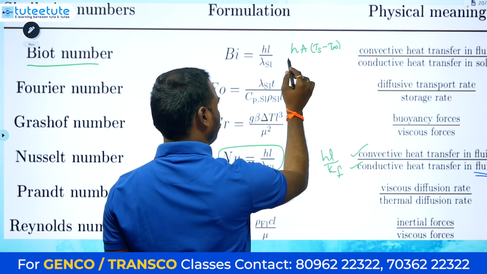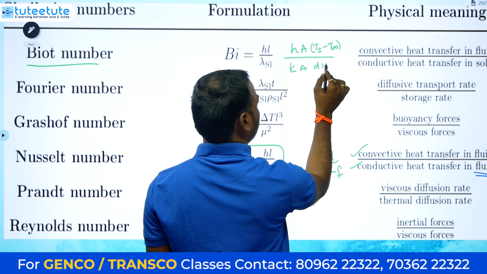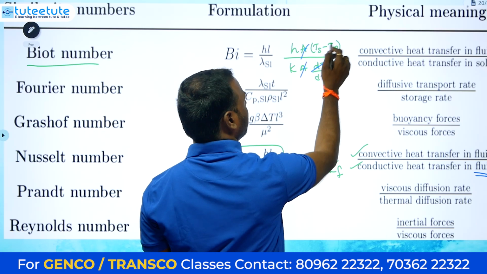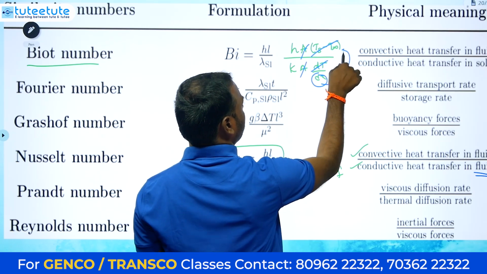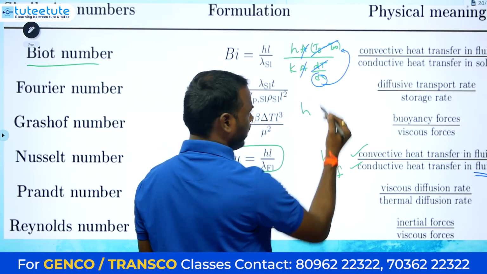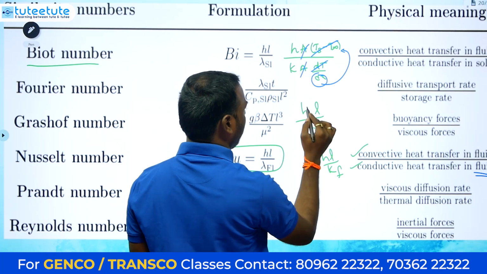Conductive heat transfer means kA dT by dx. Generally, A and dT, or Ts minus T infinity, will cancel. I am taking this dx to the top side, so you can write h into dx. Instead of writing dx, I am taking the length, hL by k as it is.